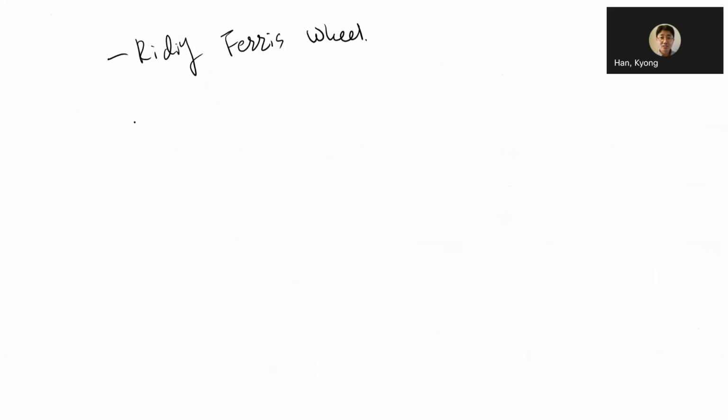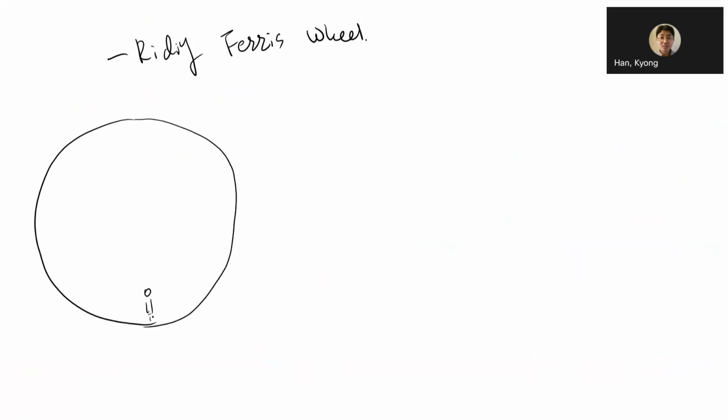Here is a person rotating on a ride. There is a support, the seat, where she sits, and she is rotating here with radius R. Then we need to find the forces acting on her.